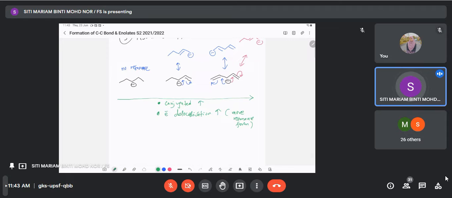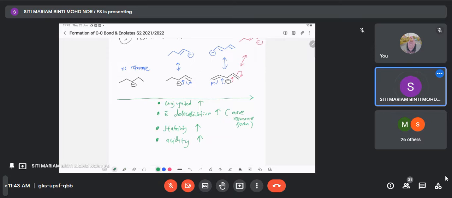As you learned before, more resonant structure means more stable. So here, the stability of your carbanion will increase, and automatically the acidity of the proton increases as well.